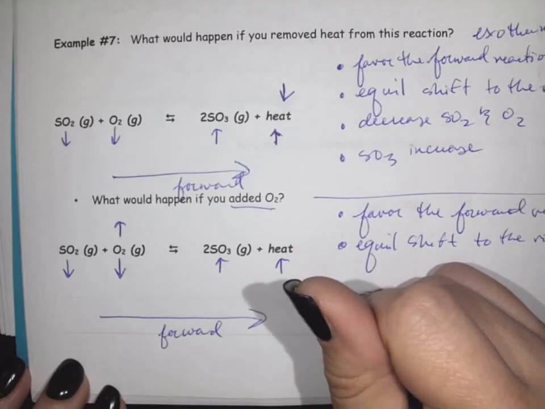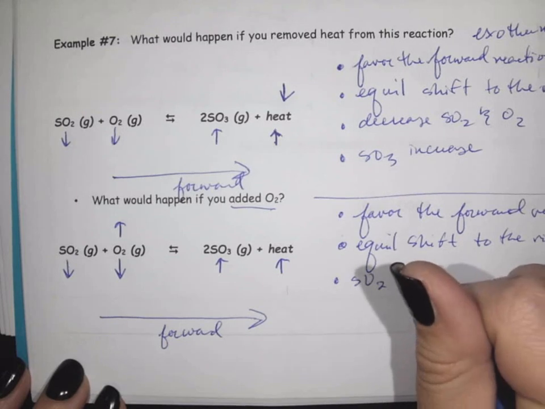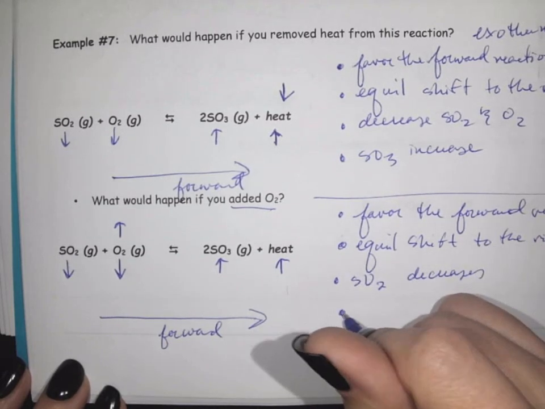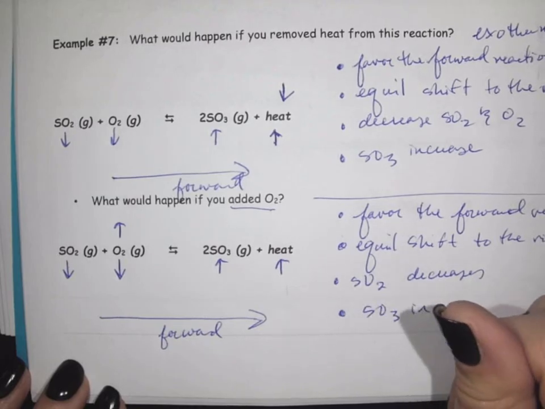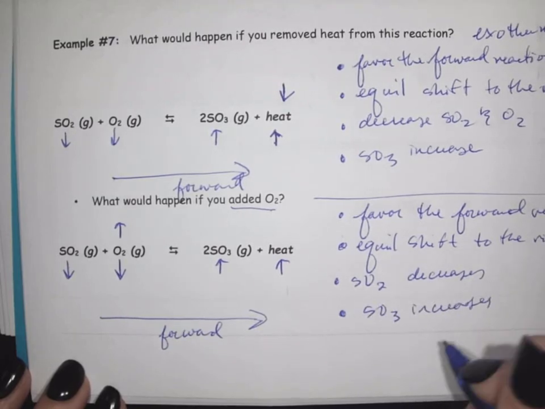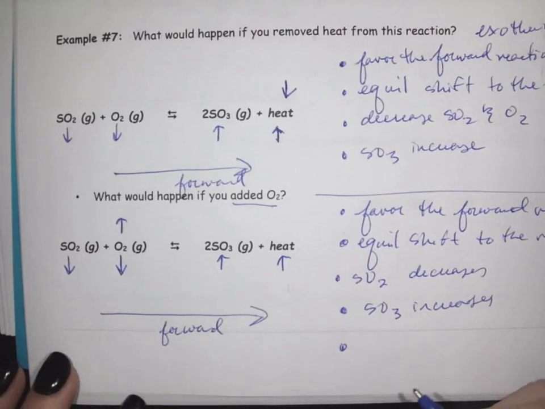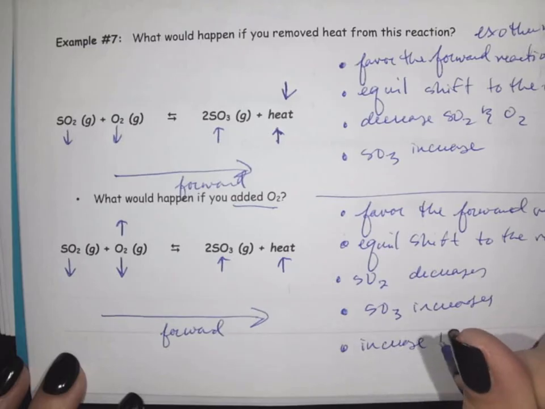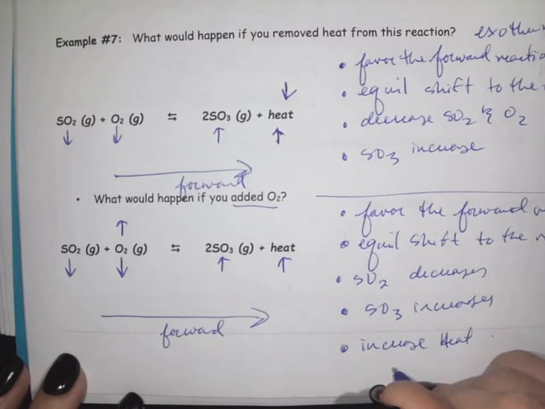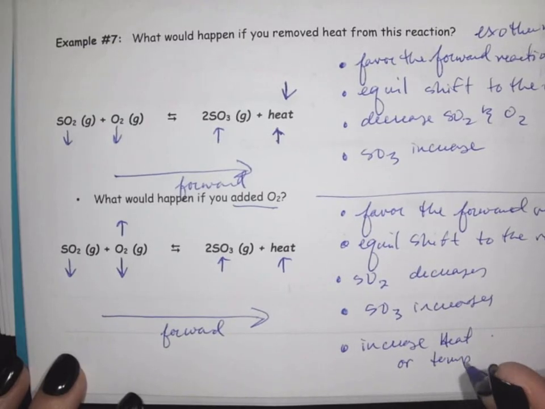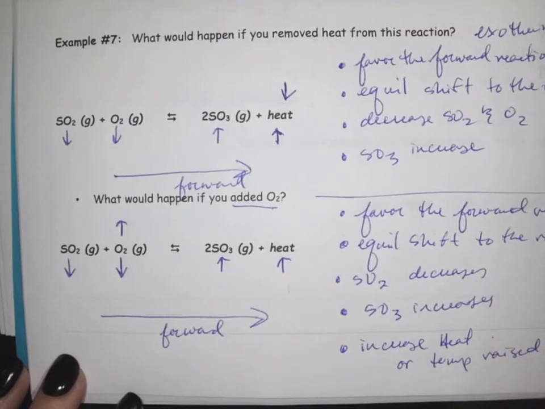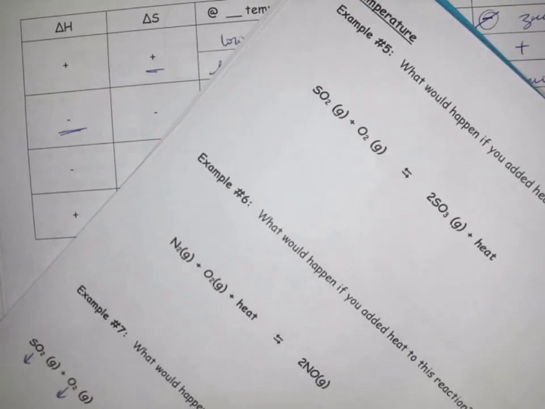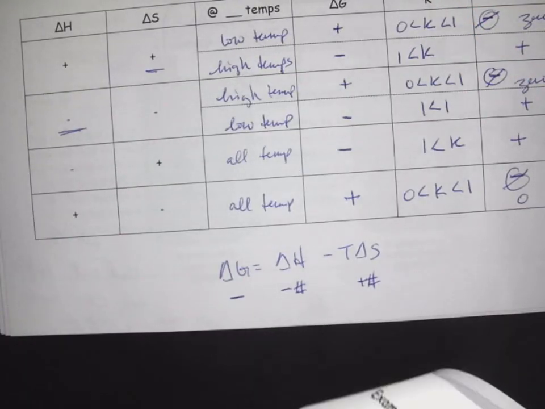We could also say that SO2 decreases, that SO3 increases, and then the last one we could say for this is we increase heat, or like temp raised, the temperature increased because we're producing heat. Okay, so that was good practice.